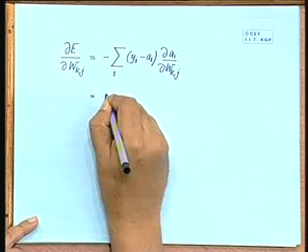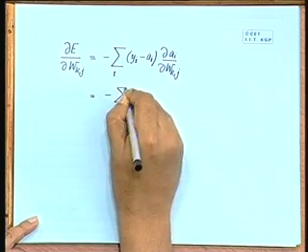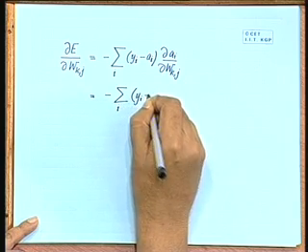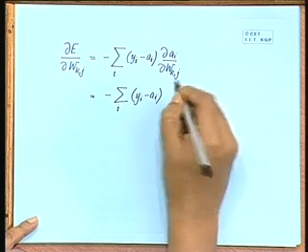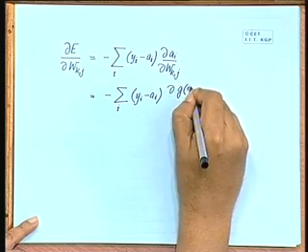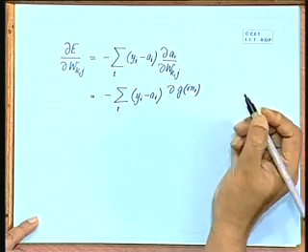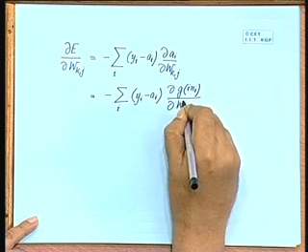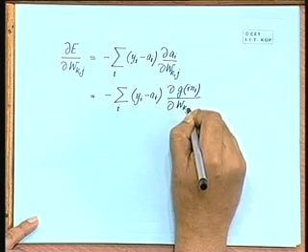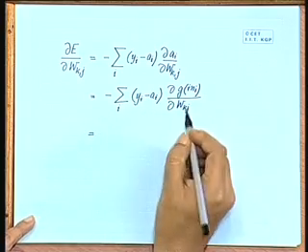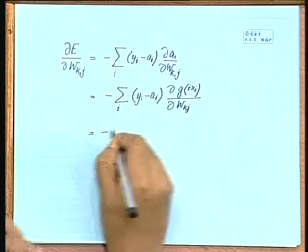So, then I can simplify this as sigma over this thing, (y_i minus a_i) times delta g of in_i by delta w_kj, since this a_i is g of in_i. Now, what do we have here?